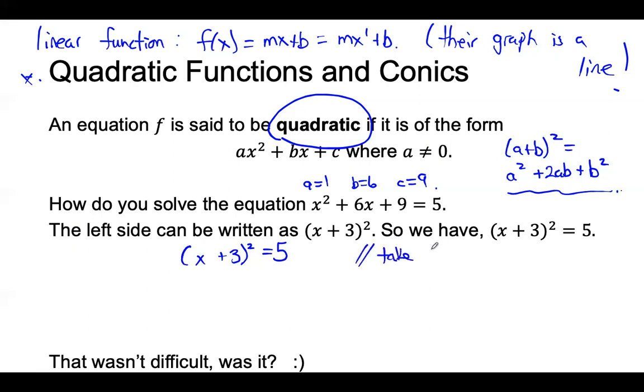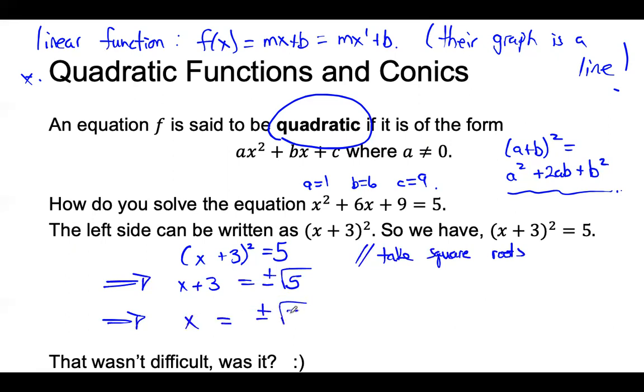So take the square root of both sides. x plus 3 is going to be equal to plus or minus square root of 5. And then you bring it over to the other side. You have x is equal to plus or minus square root of 5, subtract 3.